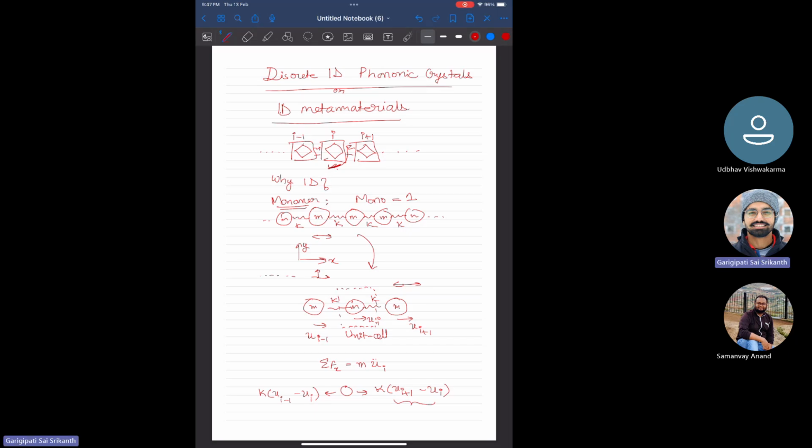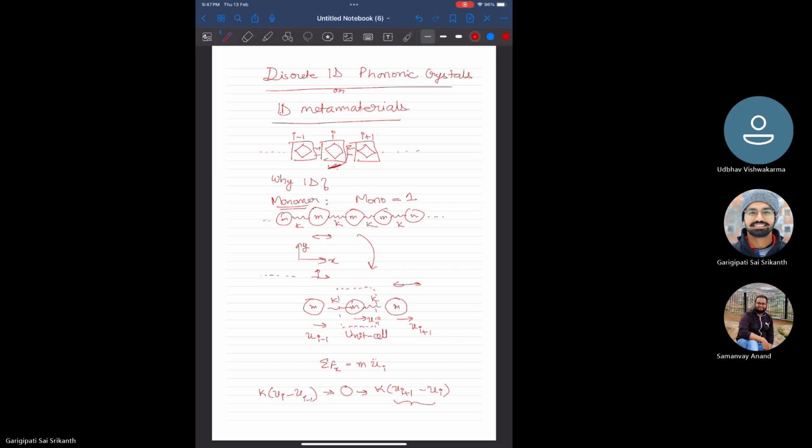Positive notation will be easier, so for consistency, let's take this force on this side as well. Then this is u of i minus u of i minus 1. These are the two forces.